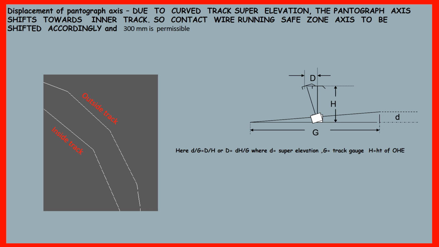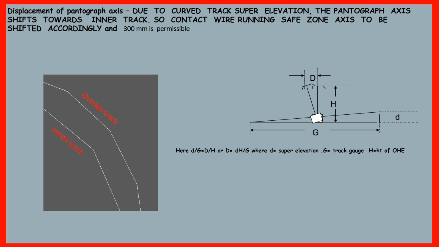Means the rise from the plane of the inner rail to the plane of the outer rail. If it is d, then d is called super elevation.